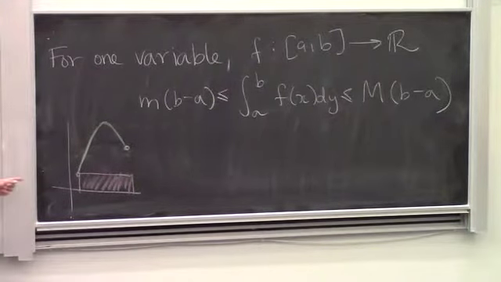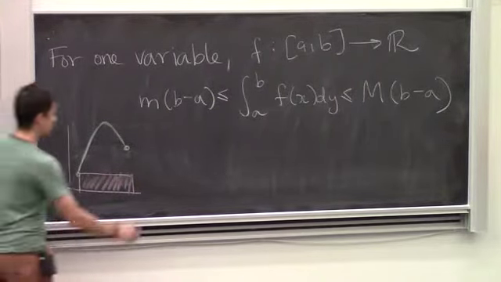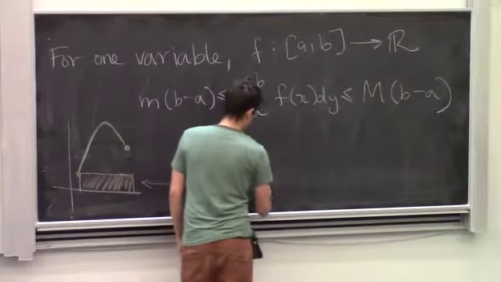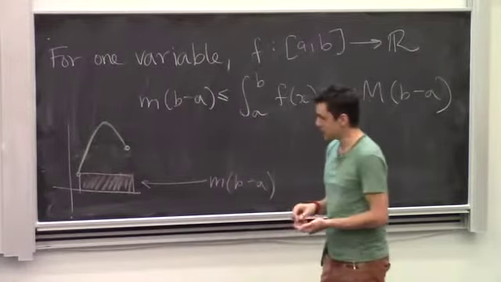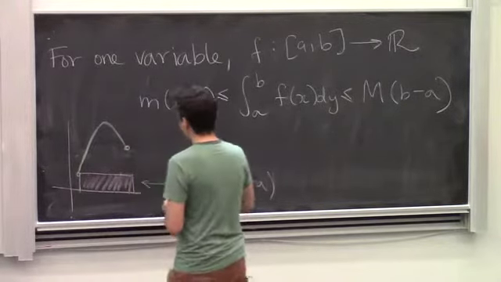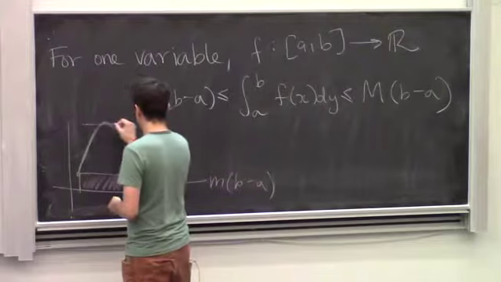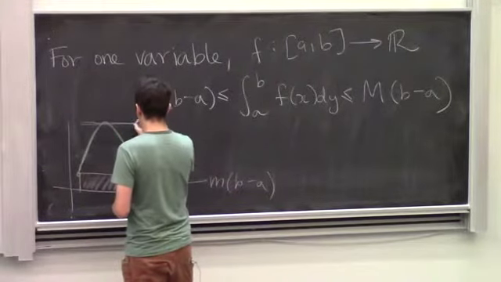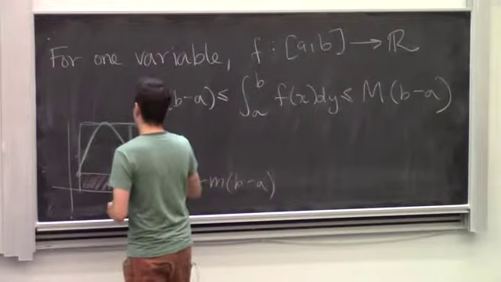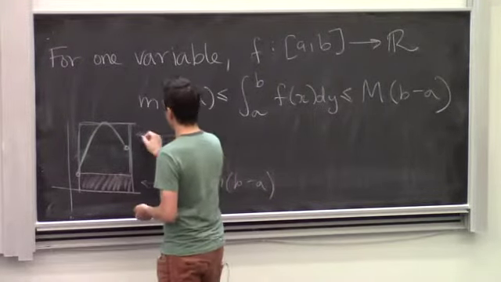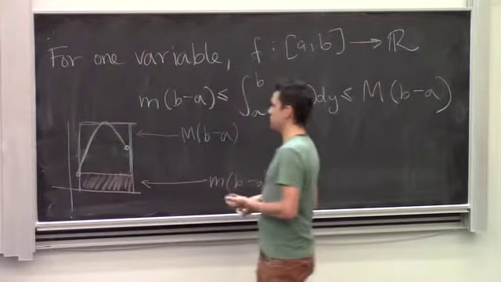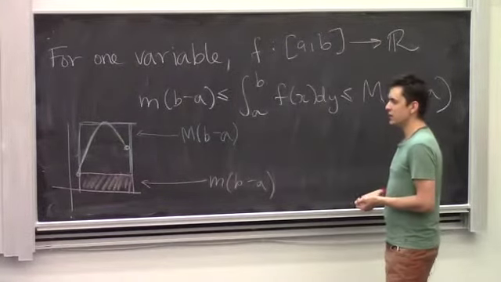Okay, so the area of that box would be m times b minus a. And if we had the max here, then the area of this box would be M times b minus a.